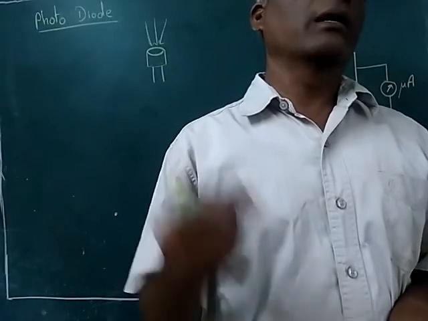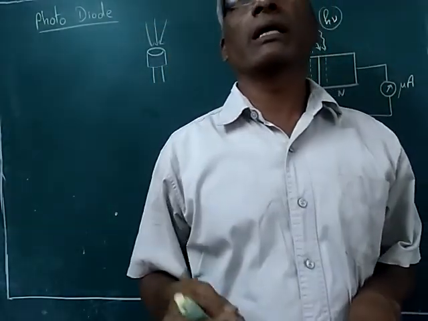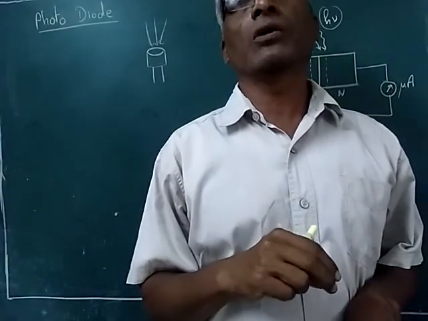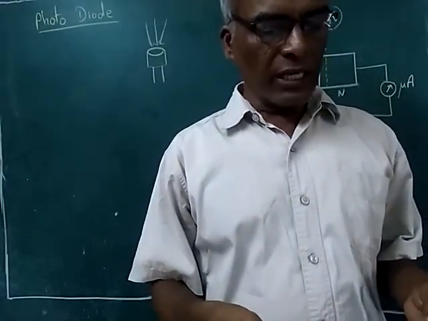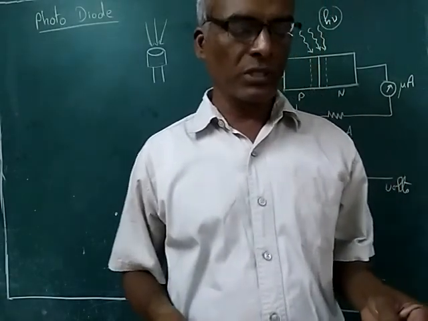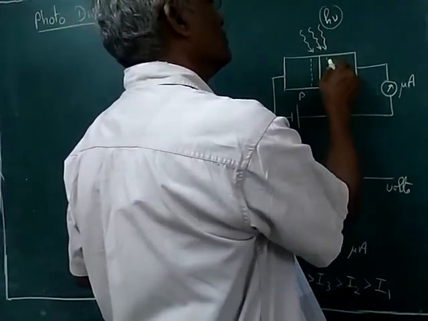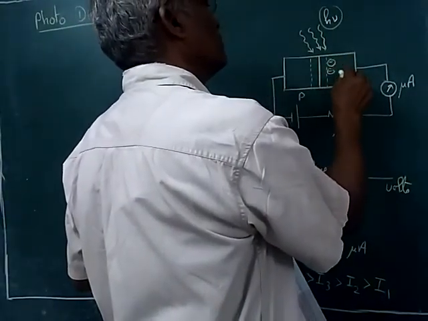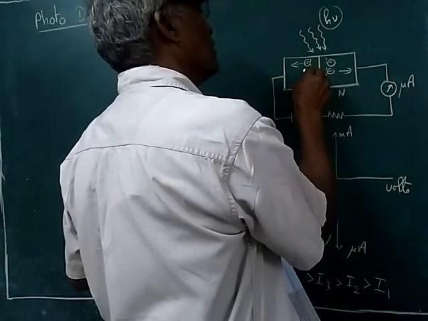But once the energy of the photon overcomes the band gap energy, these holes and electrons will try to recombine. The direction of the electric field is such that the electrons reach N side and holes reach P side. So electrons will move this side and holes will move this side.